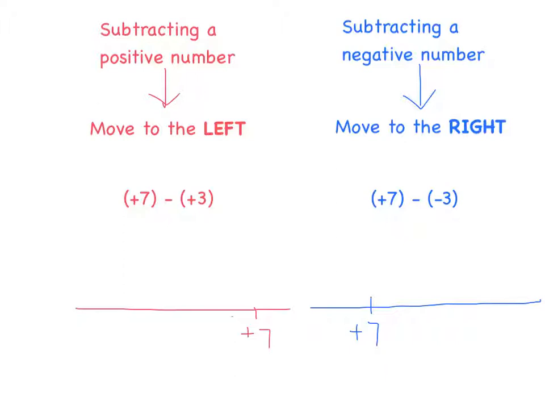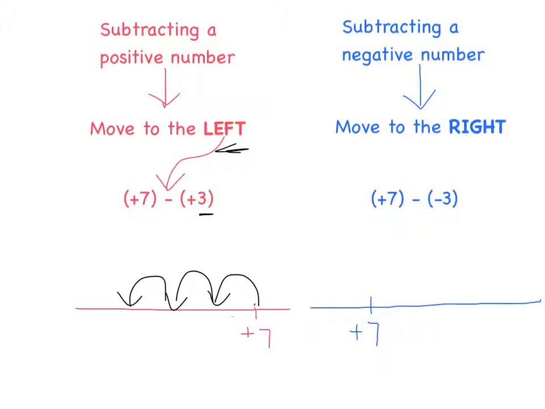We use this idea: when we subtract a positive number, if we look at the number line, we move to the left. Just take this one as an example. If we start at positive 7 here, and then minus 3 units, we move to the left by 3 units. 1, 2, 3.